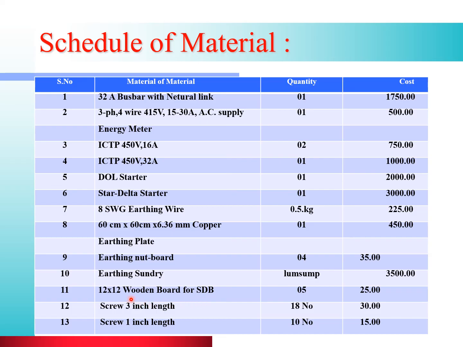Then this board is either wooden or modular as per the requirement. Here we have given 12 by 12 wooden distribution board, 5 numbers is required. Then screws for fitting this board are 3 inch length, 18 number, and 1 inch length, 10 number as per the requirement.